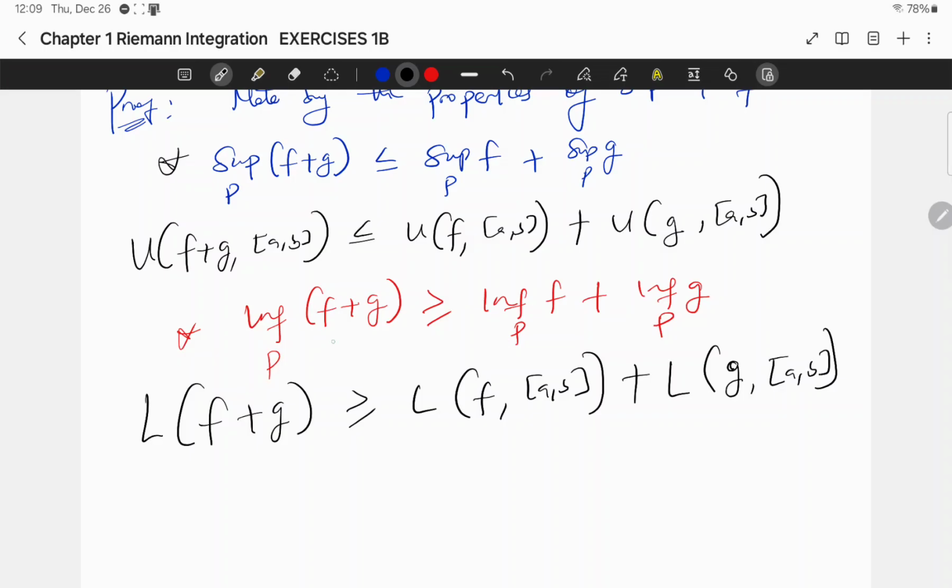Here also you can make this more explicit by taking the lower Riemann sum over the partition, then finding the summation over all the infimum, and taking the supremum over all partitions, then these conditions follow by those definitions. So let's check question number 4.